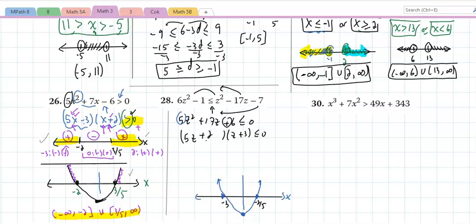And if I want to know where this is less than 0, it's less than 0 right there or right there. So the answer to this problem would be from, and it's included, right? So that would be -3 to -2/5. That would be my actual answer.